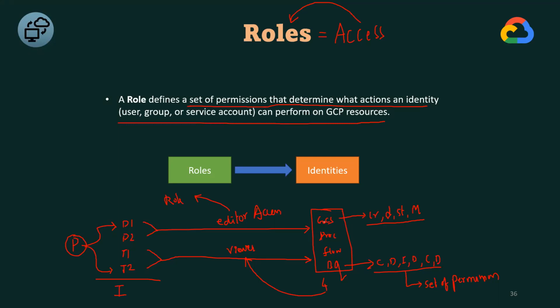But I just want you to understand what a role is first. A role is a set of permissions, or a collection of permissions, that determines what kind of actions an identity can perform on particular resources. So GCS editor access is one of the roles. Dataproc create cluster is one of the roles.